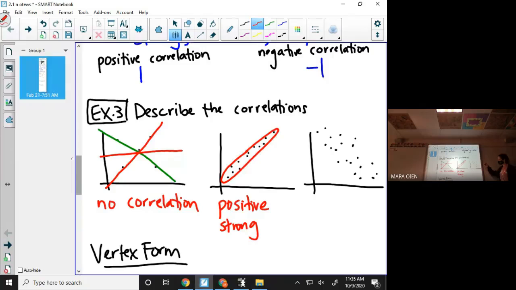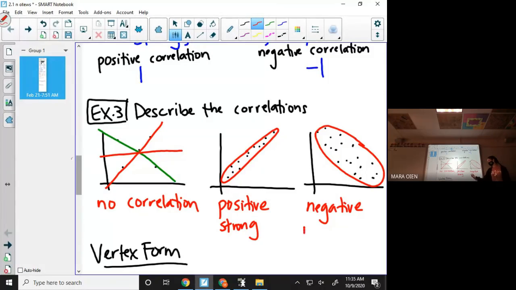Versus this next one, if I were to try and draw an oval around it, I can still see that those points are going down when I look at it left to right. So I can say that this is a negative, because they are, in general, decreasing. But my oval is a lot wider, so I would say negative.